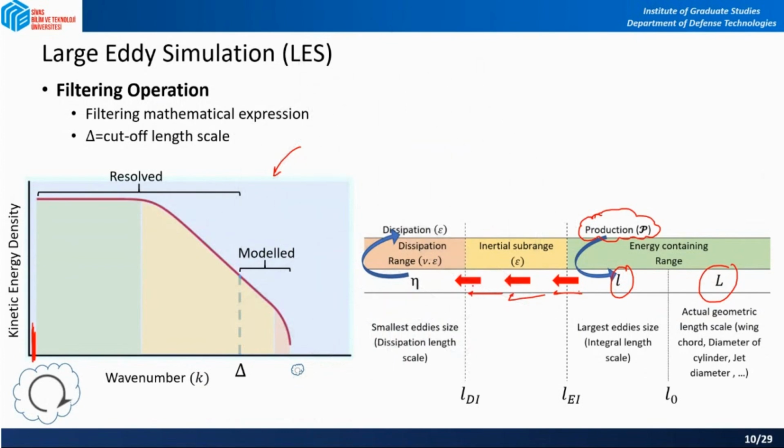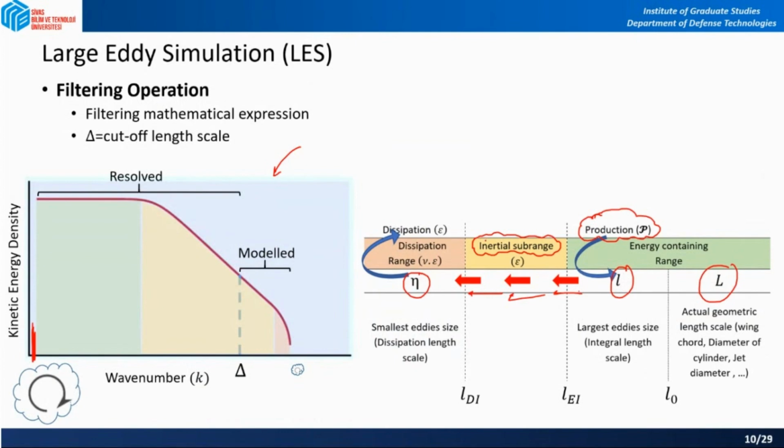And then we had the smallest scales, eta, Kolmogorov length scales. And we have somewhere in between the inertial subrange that you see in here. This is the inertial subrange.